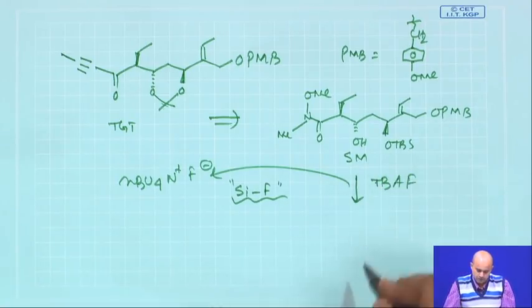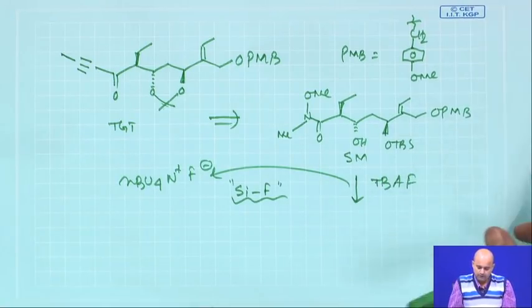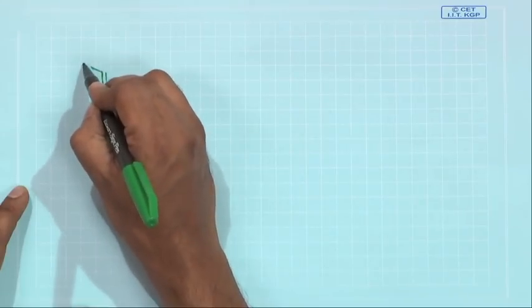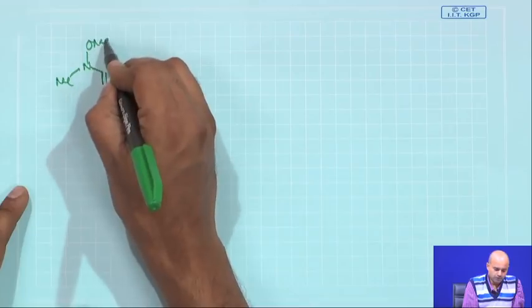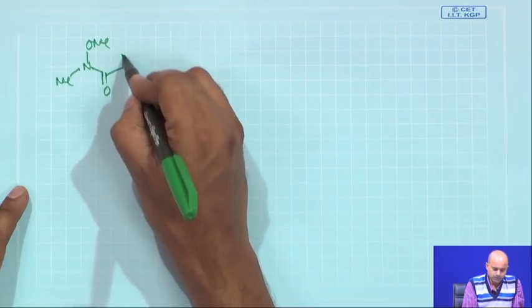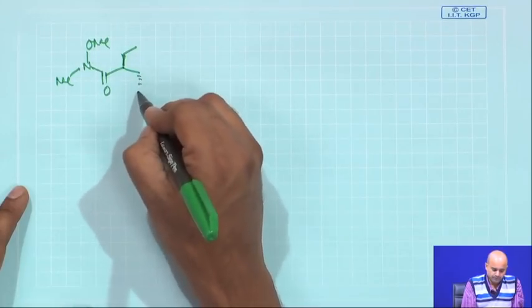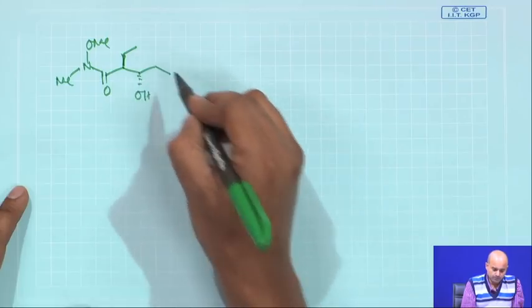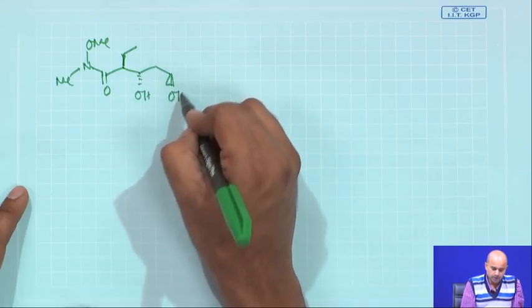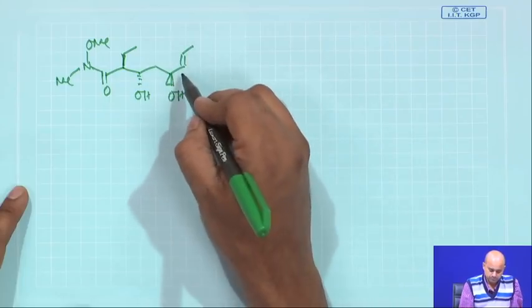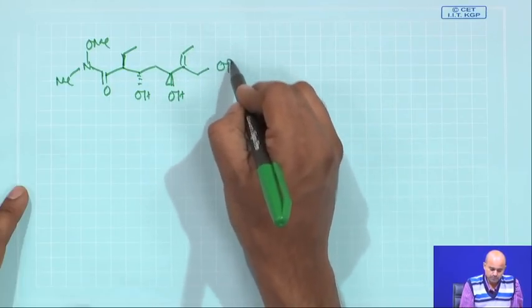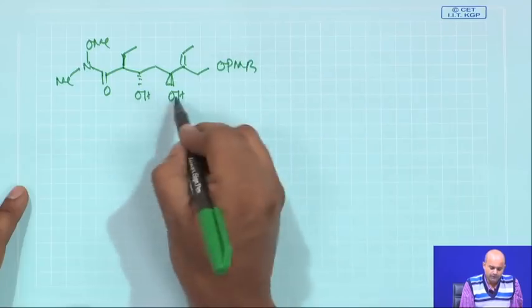So first you treat with TBAF, and you will find that the silyl ether is immediately deprotected and gives you the free alcohol. The remaining portion of the molecule won't be affected. So you are basically getting a free 1,3-diol.